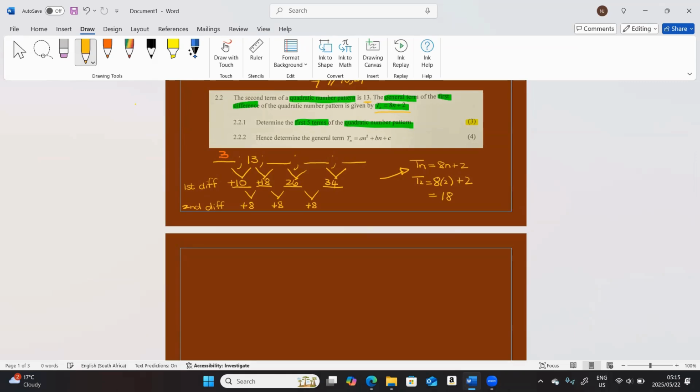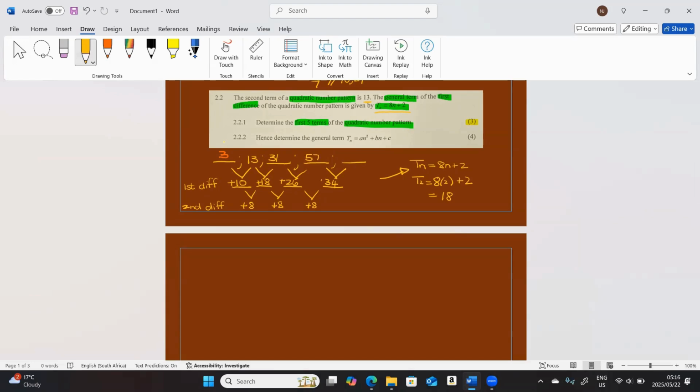So can you see we are working this from the bottom to the top. And now we can fill in and get terms 3, 4, and 5. So we say 13 plus 18, that would give me 31. So there we have our third term is 31. And then we say 31 plus 26, and that would give me 57.